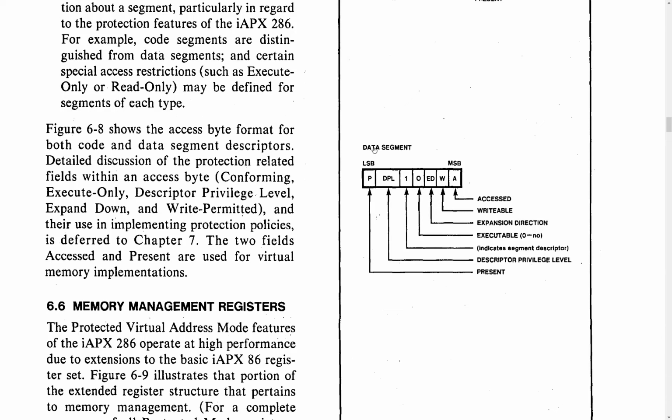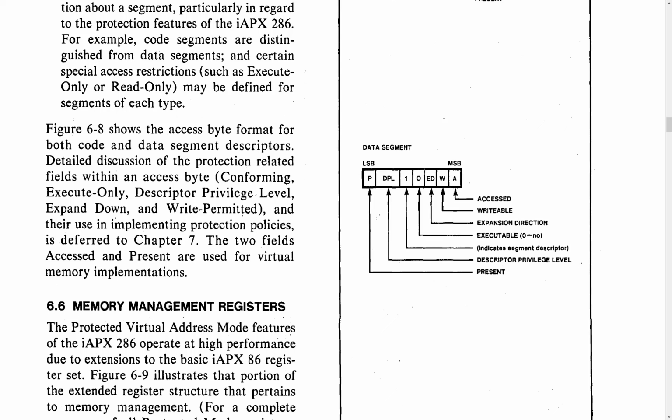The attributes of data segment have this field called expansion direction, and if we set this bit to 1, then data segment is going to expand from top to bottom instead of normal from bottom to top.